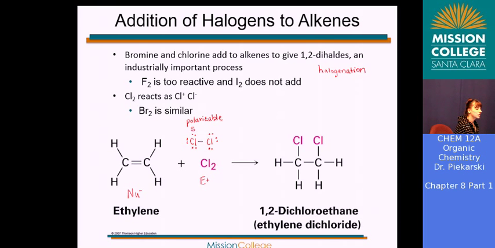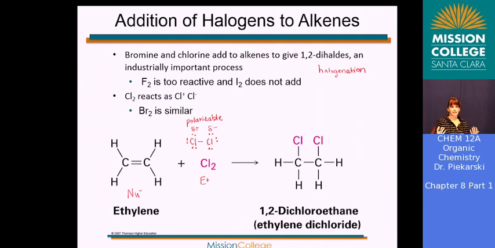So therefore, this chlorine technically becomes more partial positive, and the chlorine that's farther away from the double bond is partial negative. Okay? So those electrons, we're always in dynamic motion here, right? And so as something, for example, like a nucleophile comes close, that kind of pushes those electrons away due to repulsion. Okay? So we say that chlorine and bromine are polarizable, and we can see this effect here.